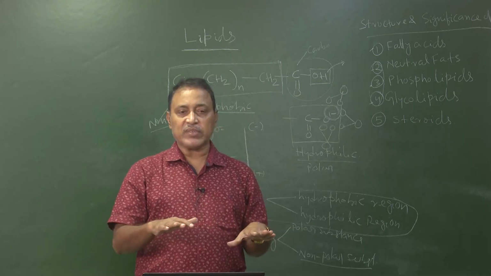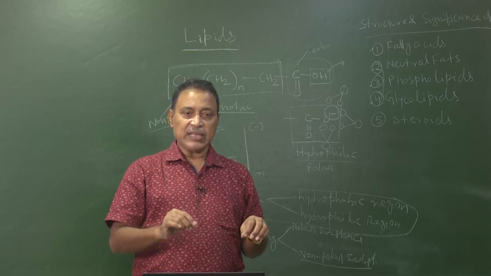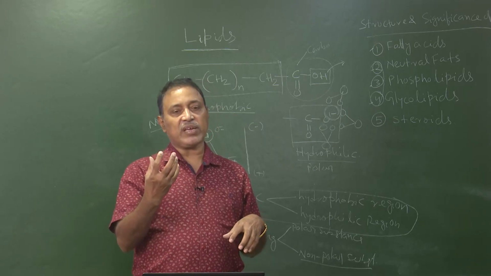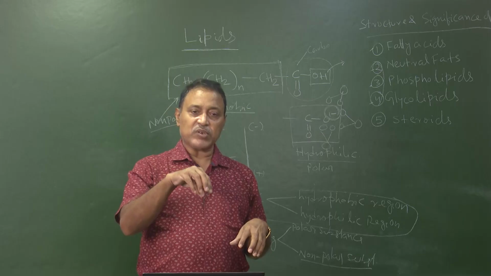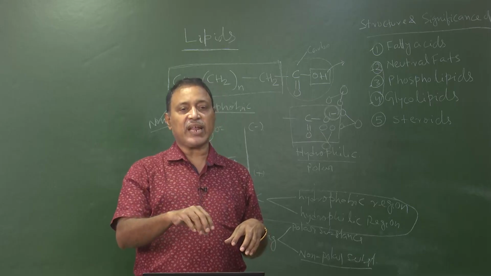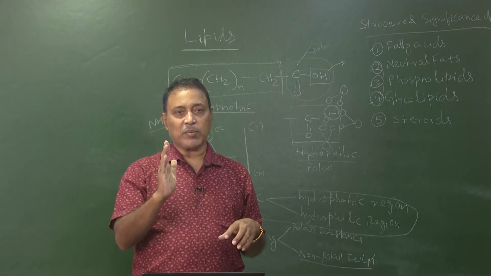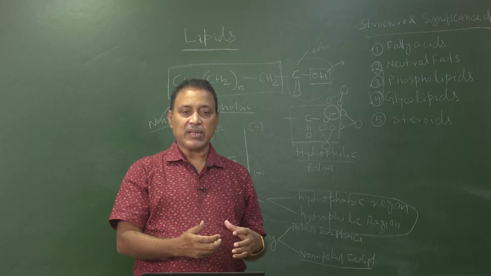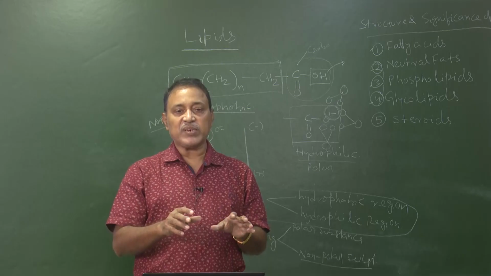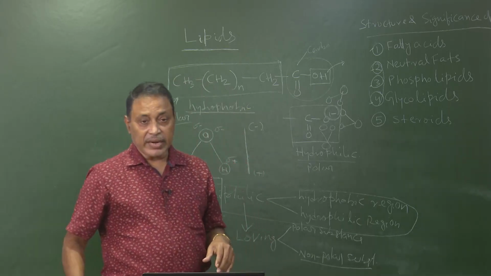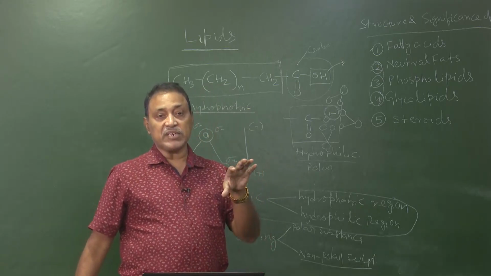They will make a film of this substance on the surface of the water, where the hydrophilic head is immersed in the water and the hydrophobic tail is away from the water, maybe to the air. There is no problem. Even if we force them to be inside water, it will never come in contact with water. There will be a void around it, even if it is inside the water. And at that time, disorderliness or entropy of the water will be extremely reduced.